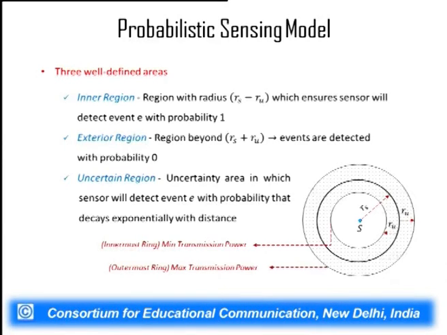And in the exterior, the region outside RS plus RU, anything outside the area of the sensing radius will not get recorded. And then obviously we have the uncertain area, which is very important. Whenever some event occurs in this area, it will get recorded with a probability that decays exponentially with distance.